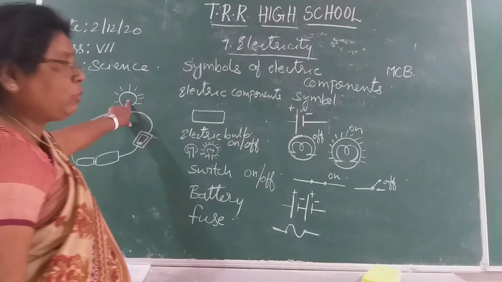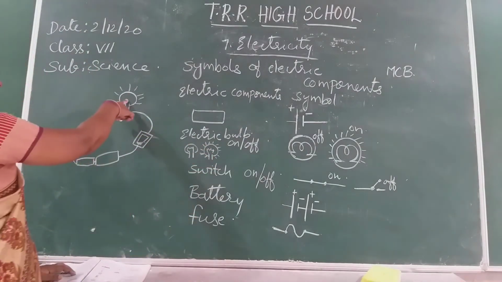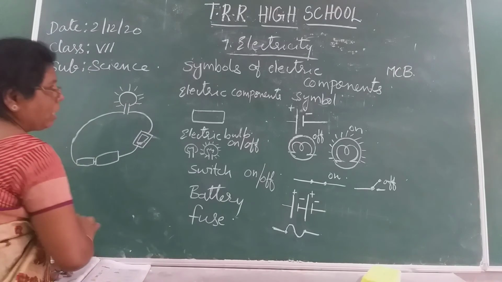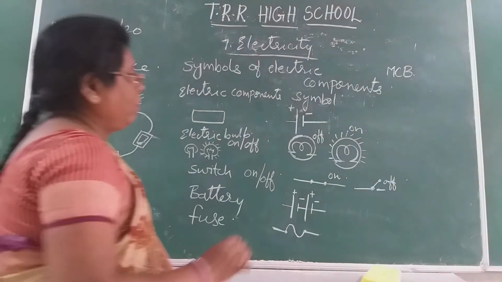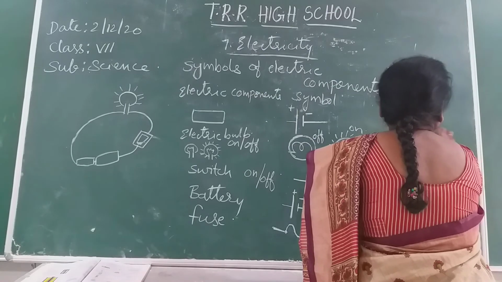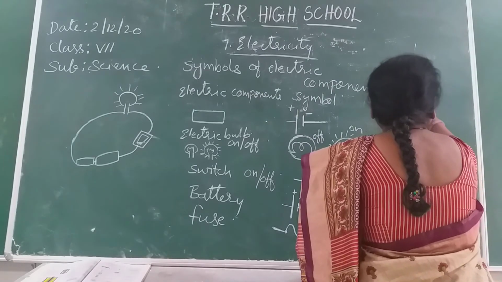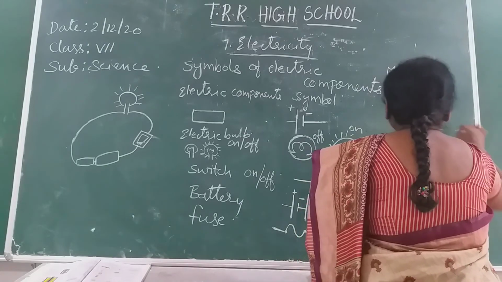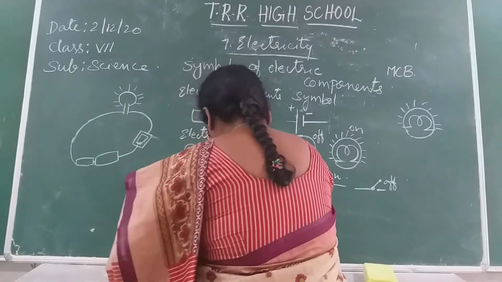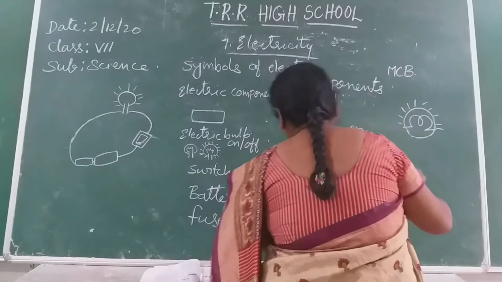So now substitute these symbols in this circuit diagram. How? Here the bulb is in a glowing state, so draw the symbol for the bulb in the on position. In the same way, it is connected with the wire.